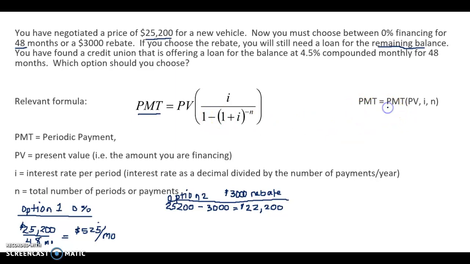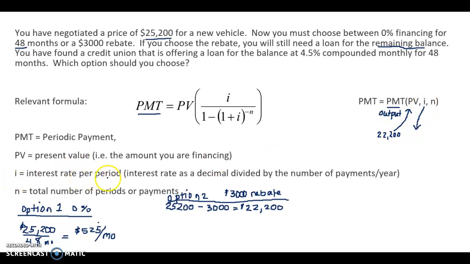Payment is my output, that's what it calculates, and I have 3 different inputs. The PV is the amount you're financing, which we just figured out is $22,200.